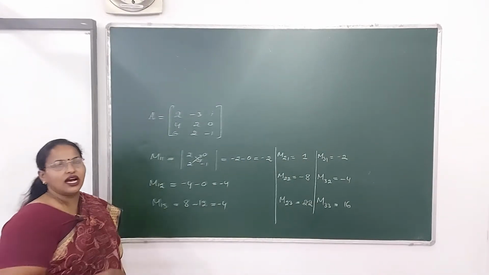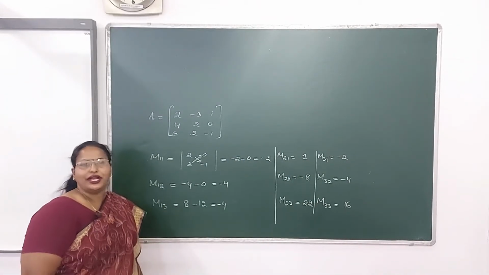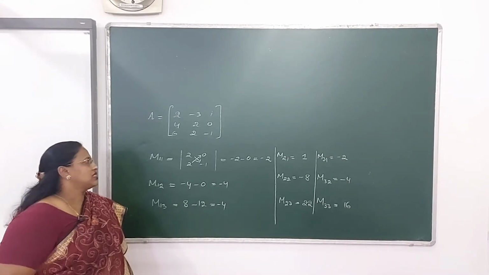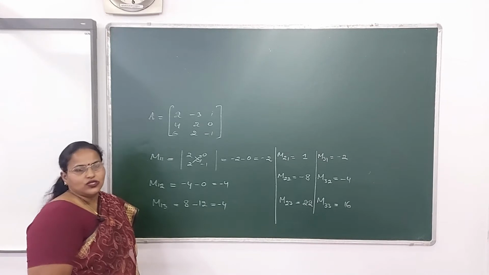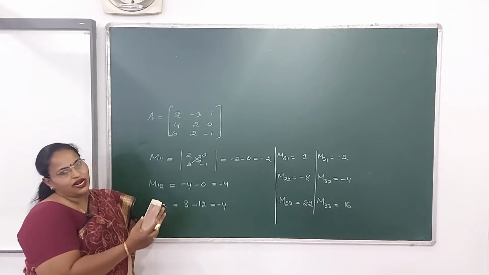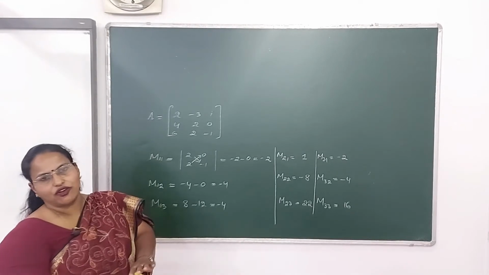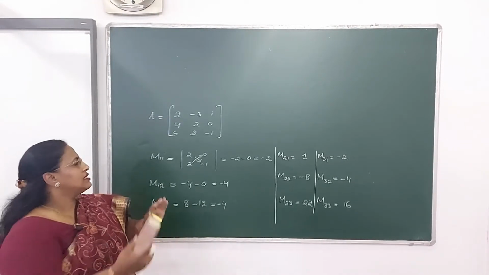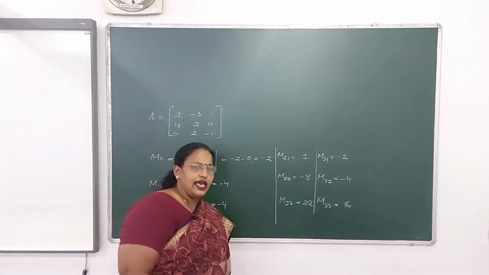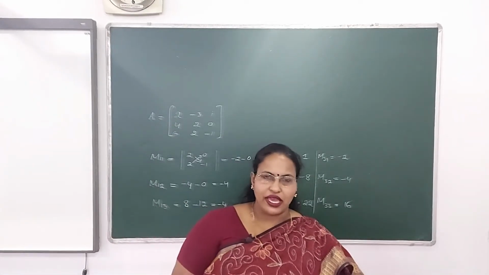So this is the entire procedure of finding out minor of each and every element. Whether it be matrix of order 2 or 3 or 4 or 5, the same procedure will be followed. An element is represented by the term Aij.